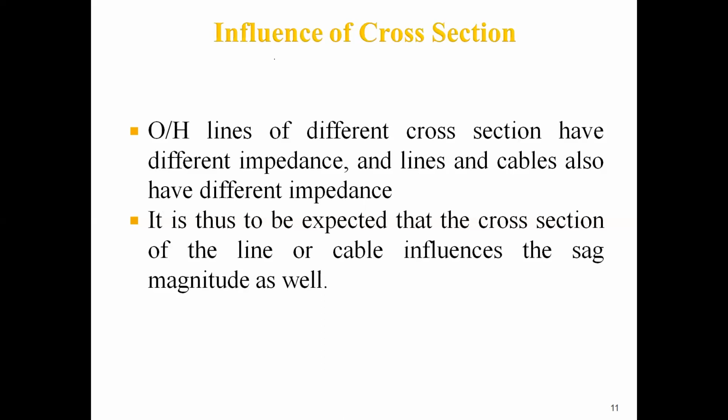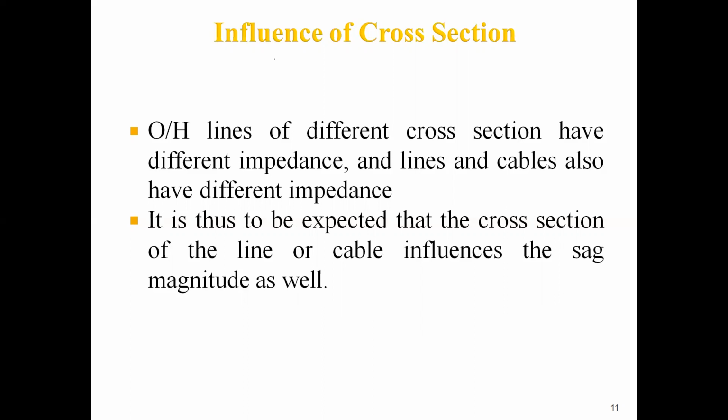You're right. Overhead lines have different cross sections and different impedance, and the cables also have different impedance. And because the sag depends on the impedance, the failure or fault impedance, which is combined, we can conclude that the cross section will obviously have an effect on sag.